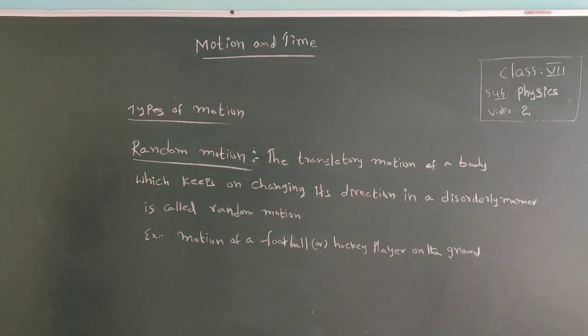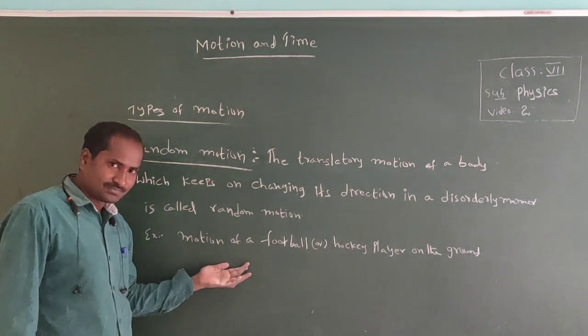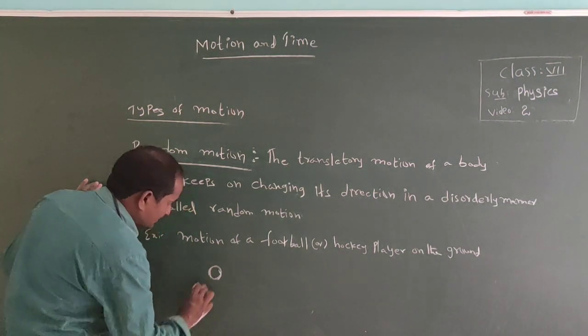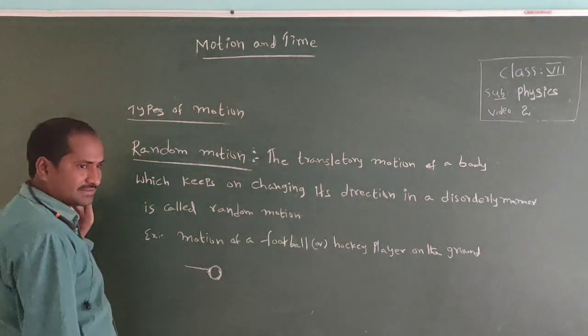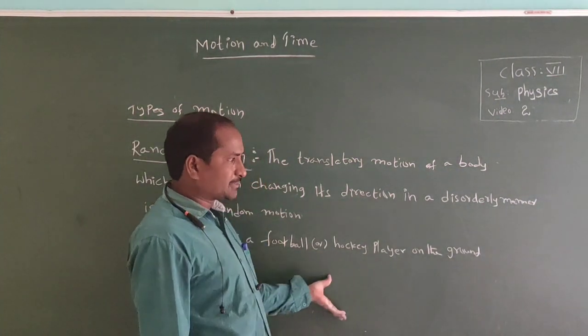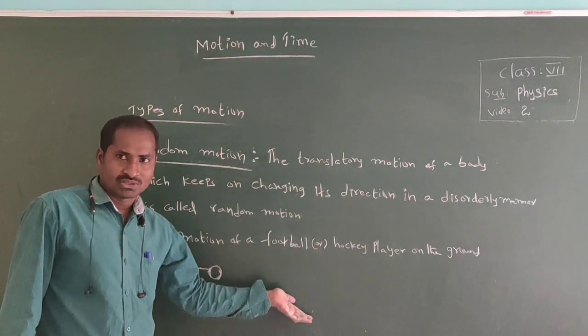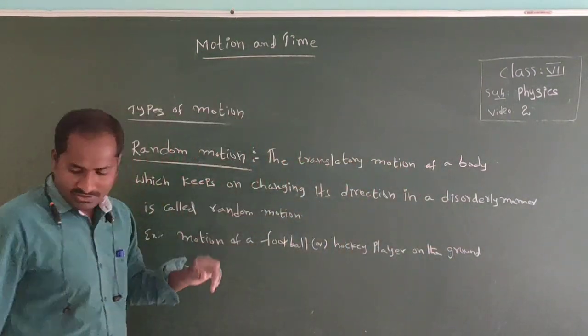For example, the motion of a football, its direction will be changing randomly, depending on the force applied by your foot. Next, a hockey player on the ground also changes direction randomly. Changing position in a disordered manner is called a random motion.